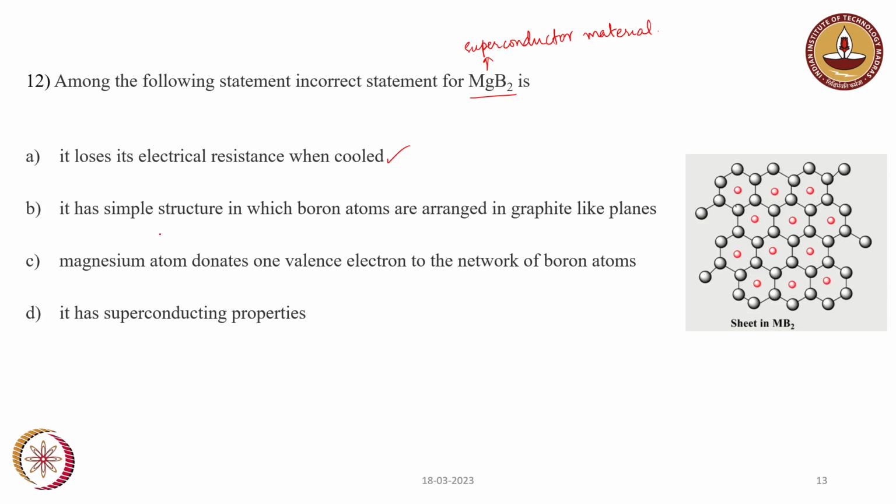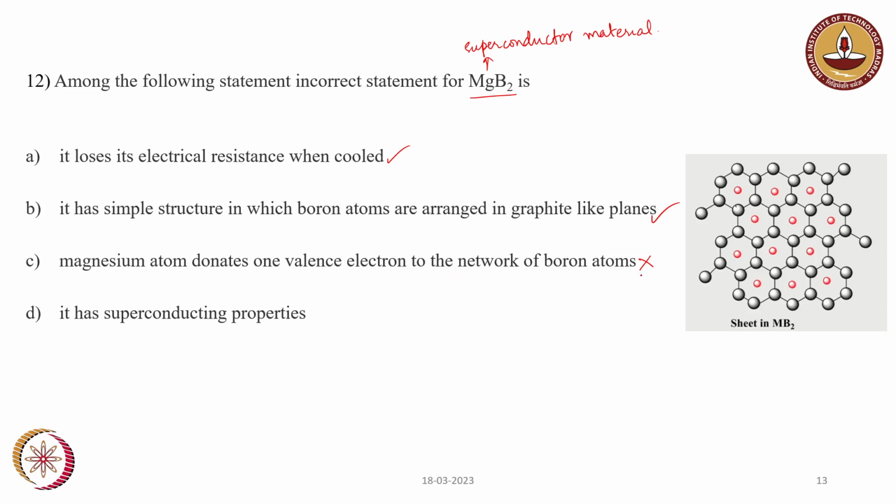And option C, magnesium atom donates one valence electron to the network of boron atoms. So this statement is incorrect because one magnesium atom will donate 2 electrons to the network, because magnesium is s2 configuration and it can go to Mg2+ configuration by giving 2 electrons to the boron atoms.